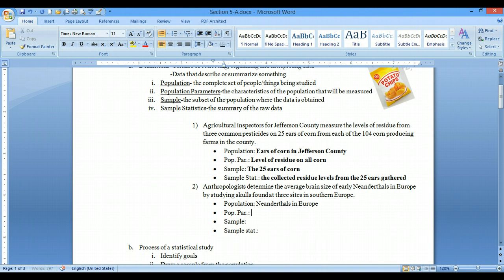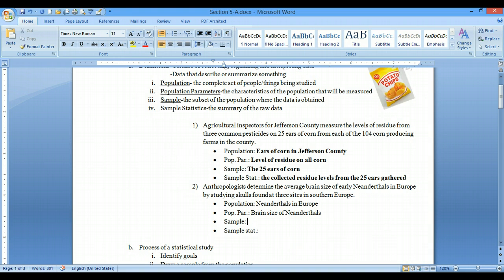The population parameter, what are we looking for? It says determining the average brain size. So our population parameter is the brain size of the Neanderthals. We could go further and say Neanderthals in Europe, but that's good enough for now.